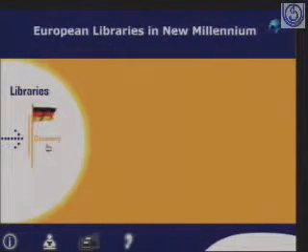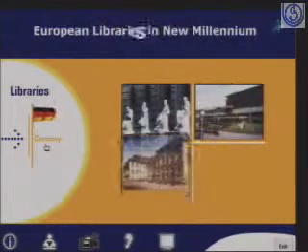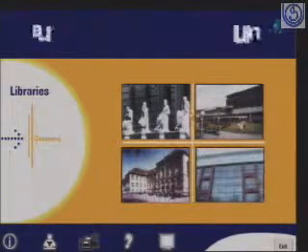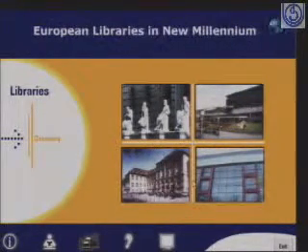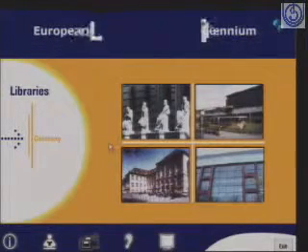It is an autorun resource. A small program is written to integrate this. So it is European Libraries in New Millennium. I have given here a country, Germany, and these are some of the library clips of various types of libraries there.